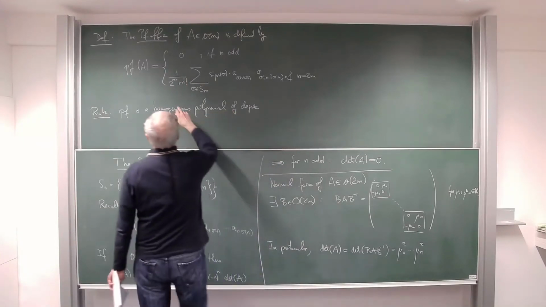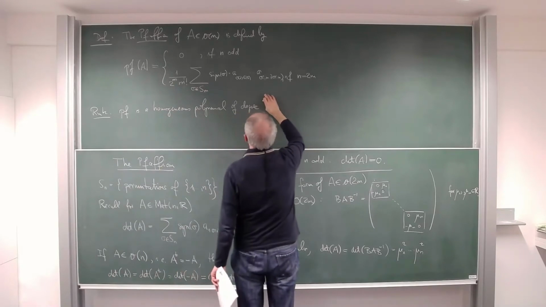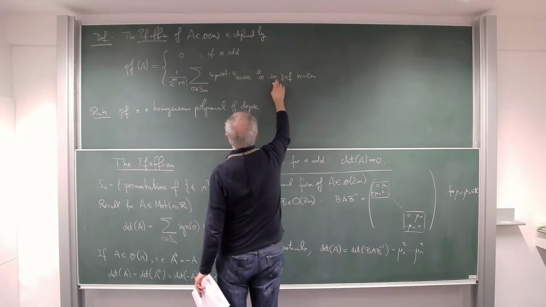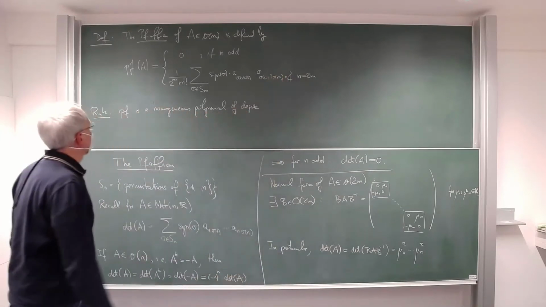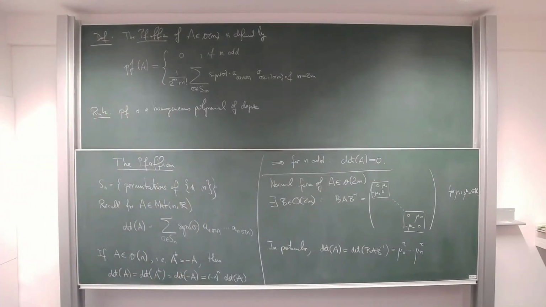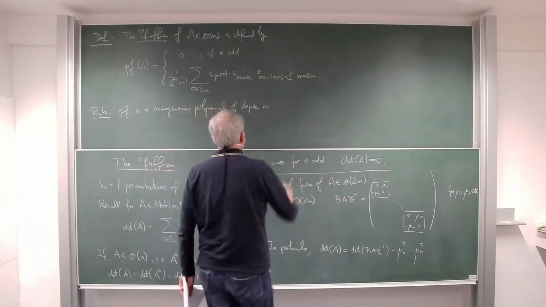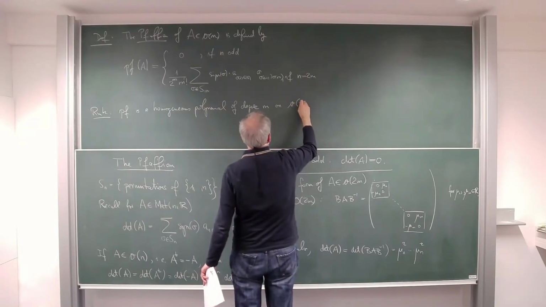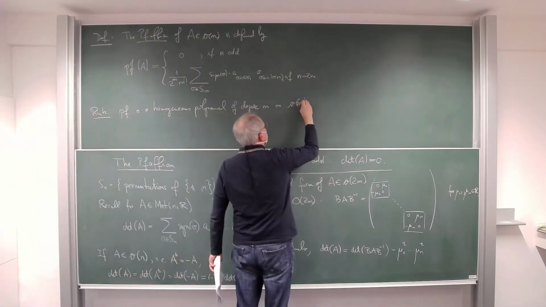Okay, so let me first get the n's right here. That is a 2n by 2n matrix. So now it should be correct. So it's a homogeneous polynomial of degree n on this Lie algebra so(2n).